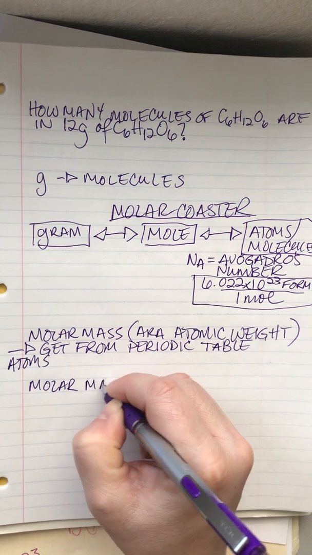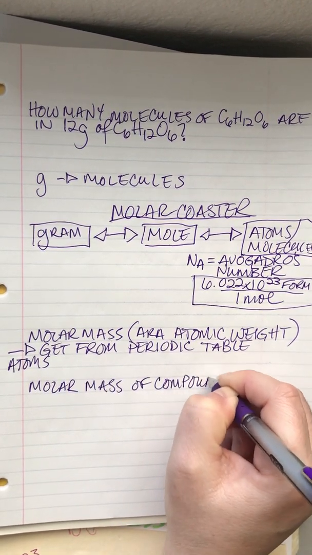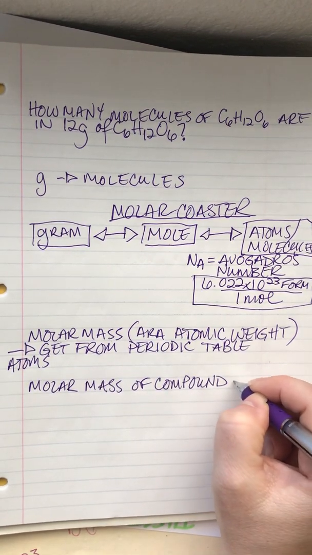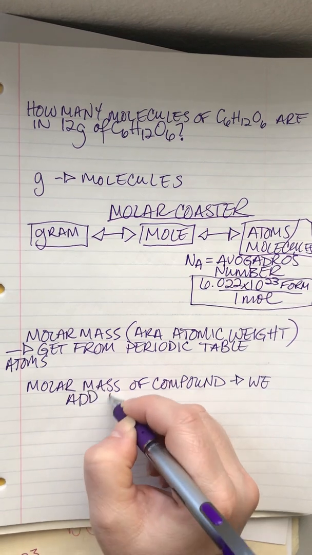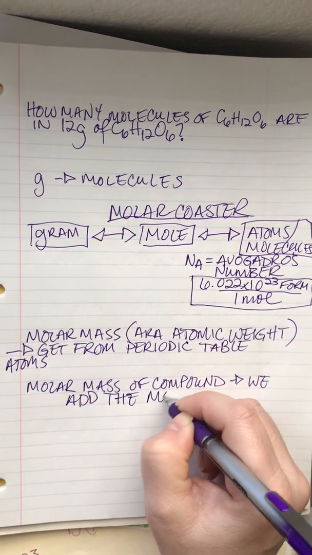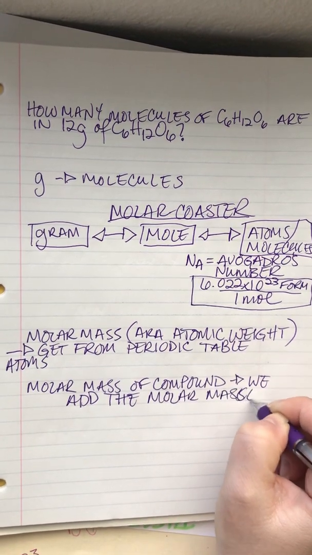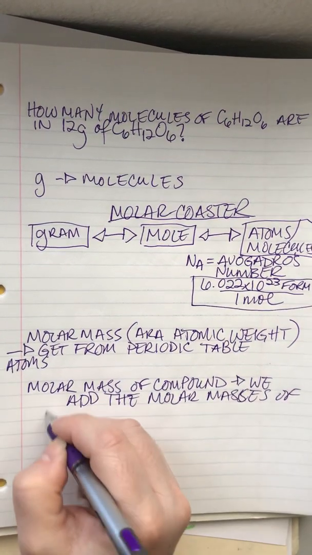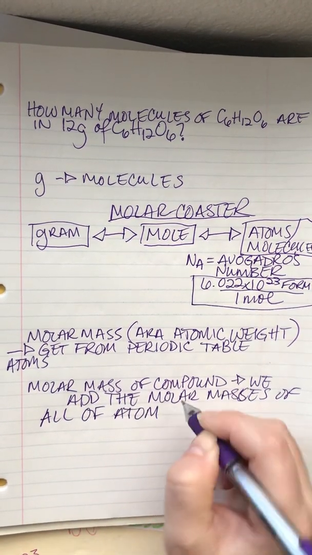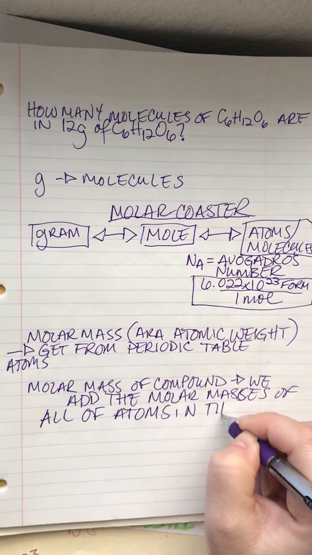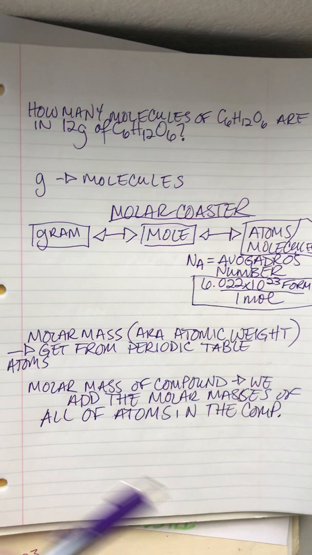So if we want the molar mass of a compound, we add the molar masses of all of the atoms in the compound, or molecule, right?